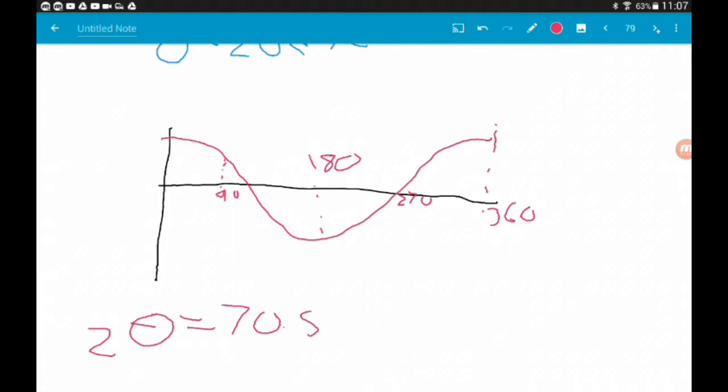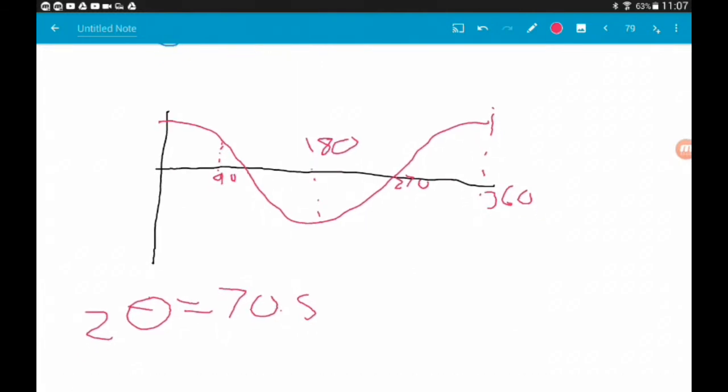So 2 theta is equal to 70.5 degrees. Now, before we worry about the second solution from the graph, we're going to get any others that we can from this one using the period of the function. The next time that exact part of the graph happens is 360 degrees later.